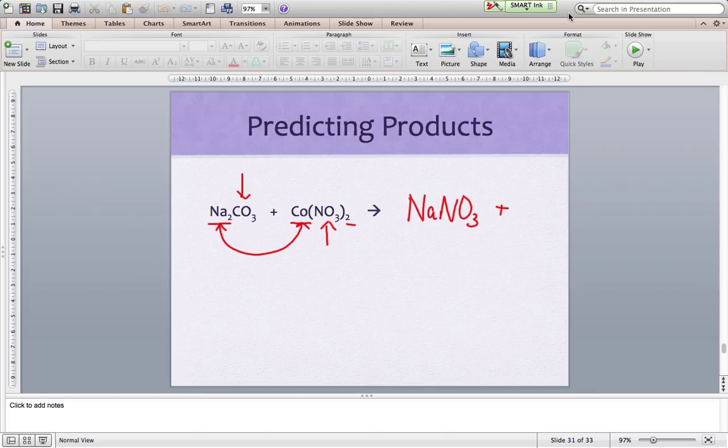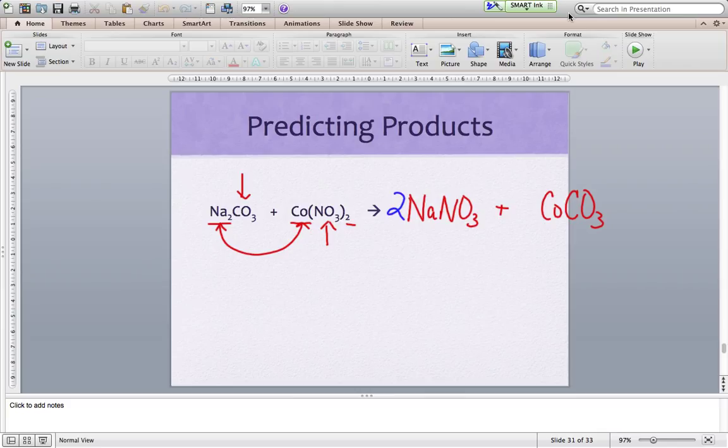And remember, that's cobalt 2, so it's a cobalt with a 2 plus charge. Carbonate has a 2 minus charge. And that's what we're going to end up with, cobalt 2 carbonate. If we go ahead and balance this, probably just by putting a 2 there, that looks great.